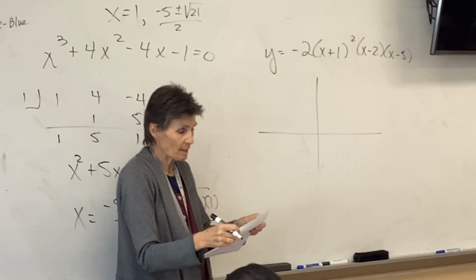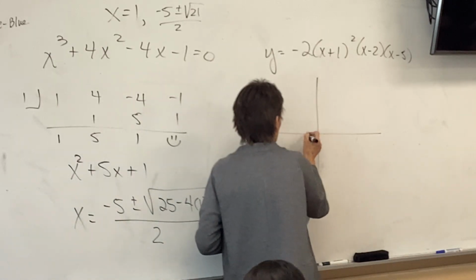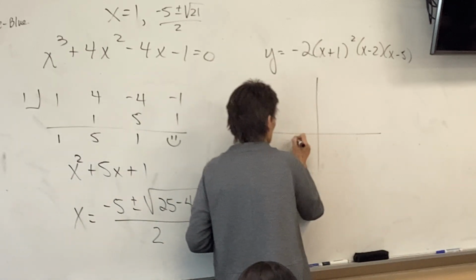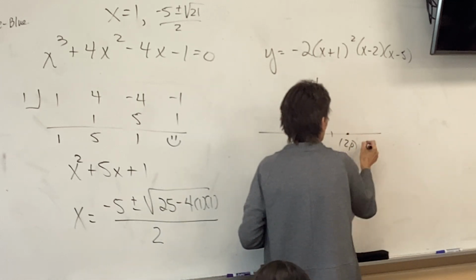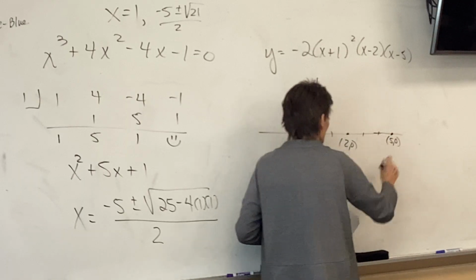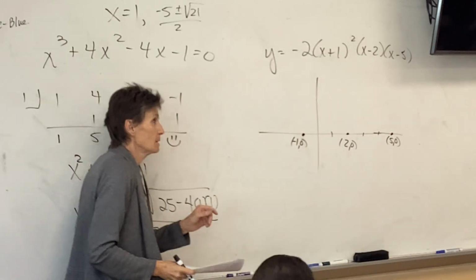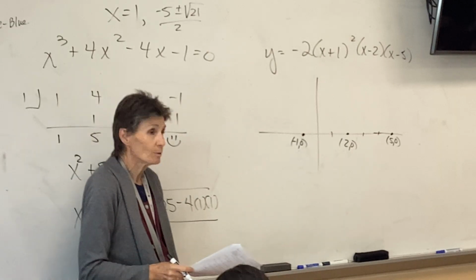What do we do for step 1? Mark the zeros. So we'll mark the zeros at negative 1 and label them. These are very important points. They're the only points you have to label. Everybody okay with that? Negative 1, 2, and 5?